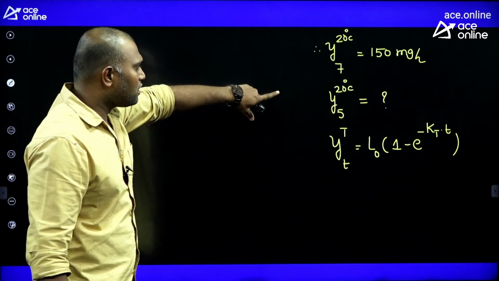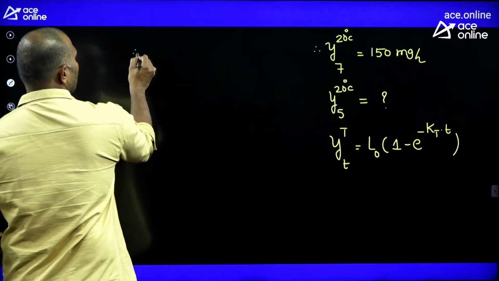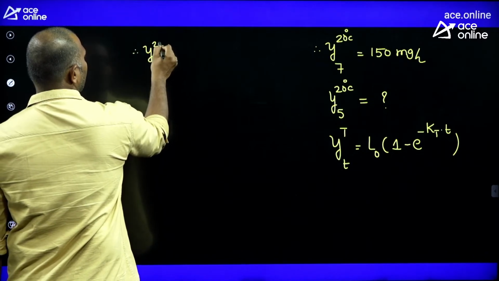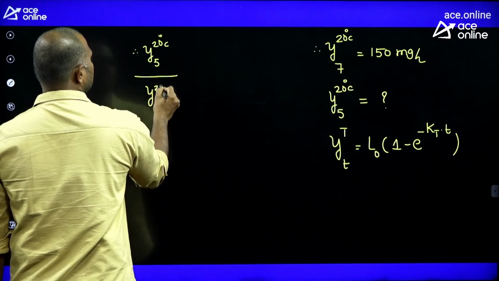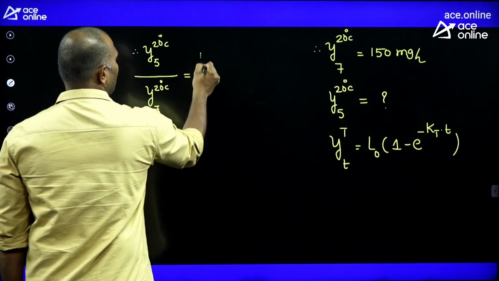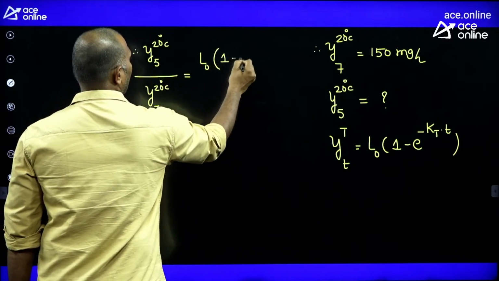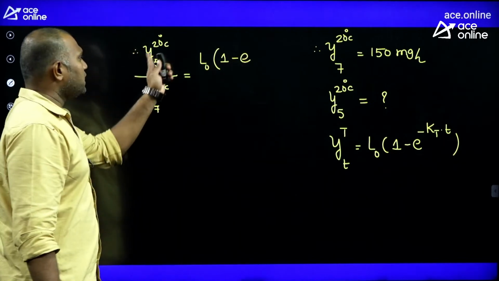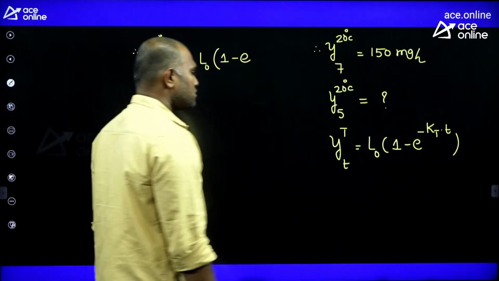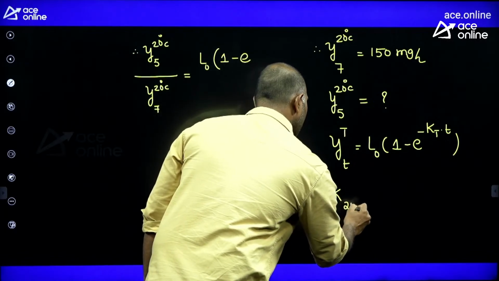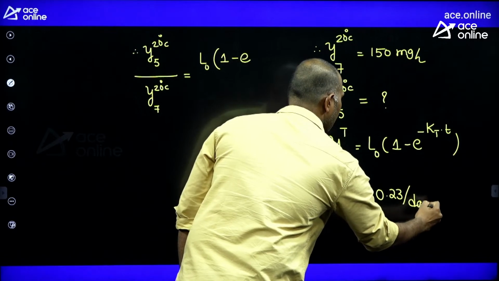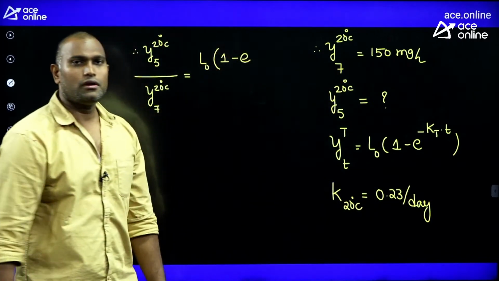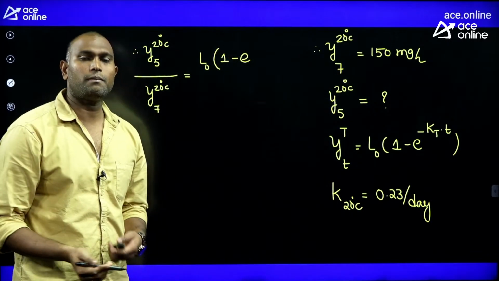So what I want is the 5-day 20 degrees BOD, divided by the 7-day 20 degrees BOD, which is equal to L naught into 1 minus e to the power of minus K into T, where the temperature is 20 degrees only. So the given K at 20 degrees centigrade is directly mentioned as 0.23 per day. And mind you, that is about base e.